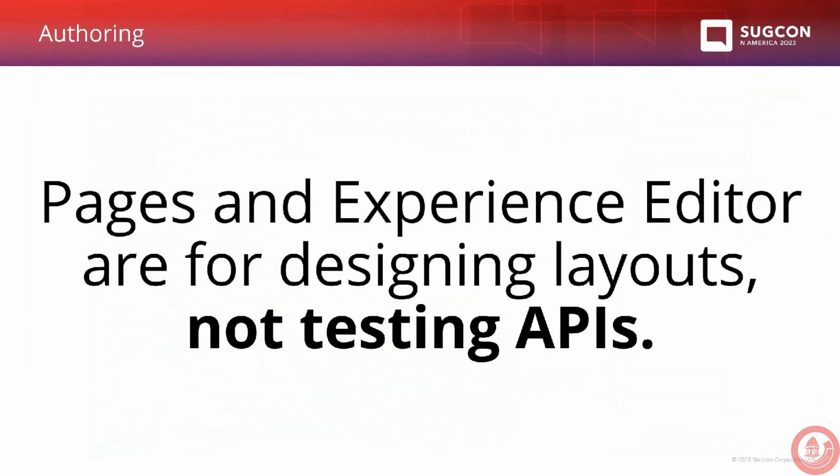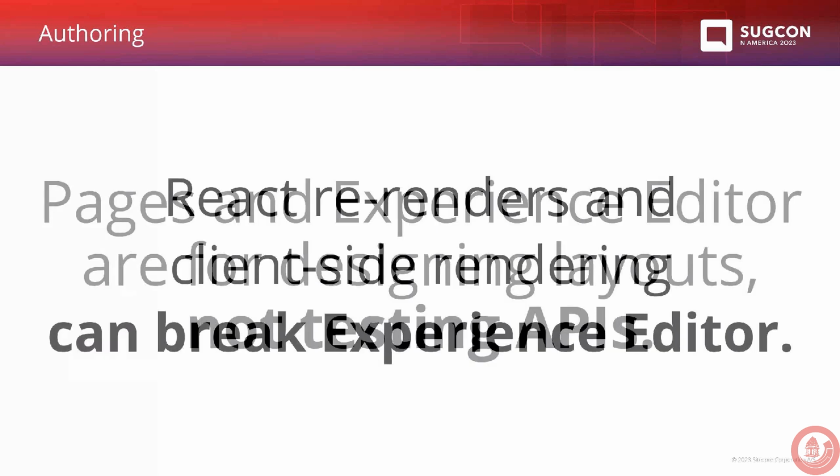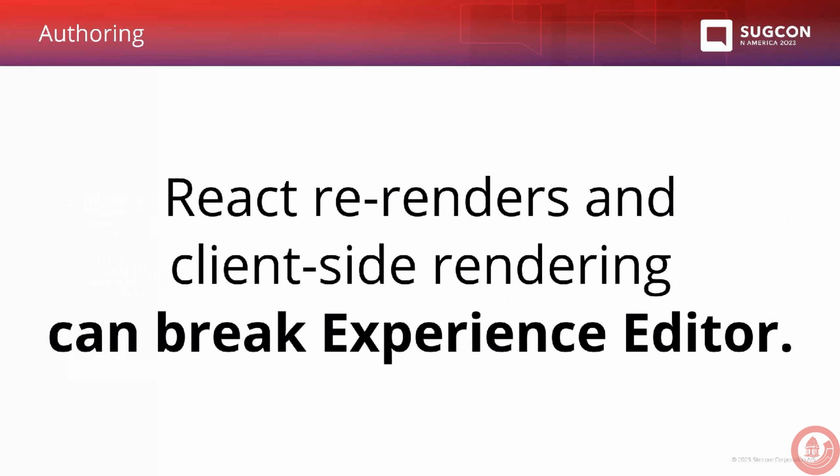So in Pages and Experience Editor, rather than making live API calls, I strongly suggest that you serve up mock data for your components that rely on data from the APIs, and just in the Experience Editor and Pages, show some representative data to give the content authors an idea of what that component will look like, but don't actually make live API calls. And the reason for that is that client-side rendering, such as React re-renders, can break the experience editor in Pages. So let's take a look back at our cat fact example from before.